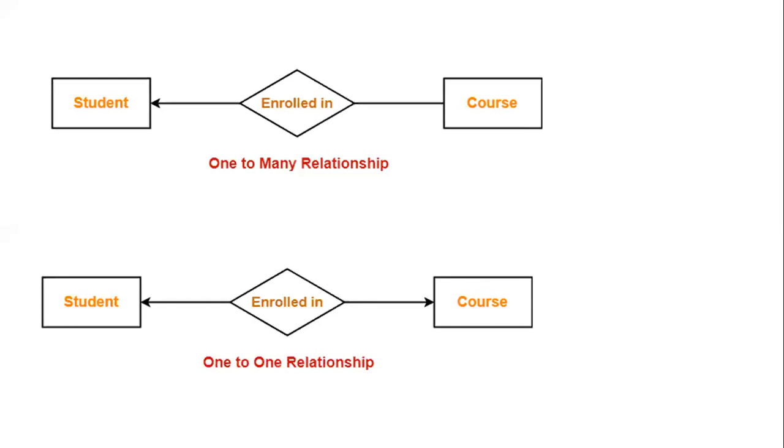So how does a one to many relationship arise? There are a number of courses available, but among them a student can enroll in only one course.